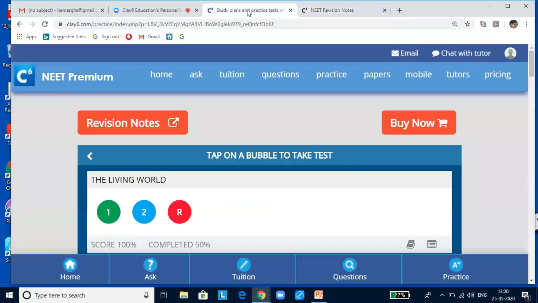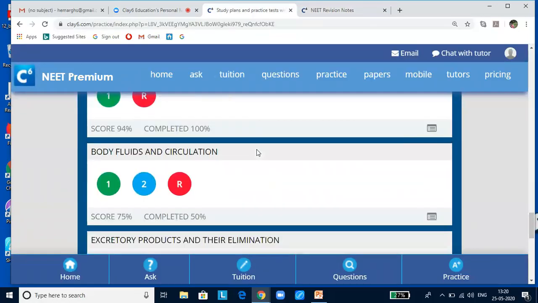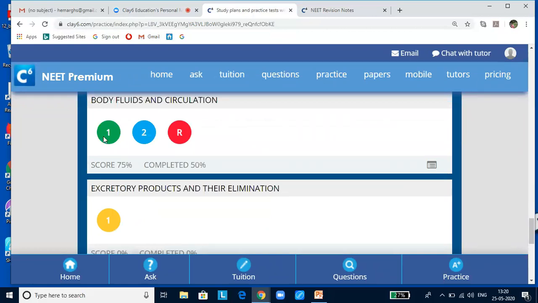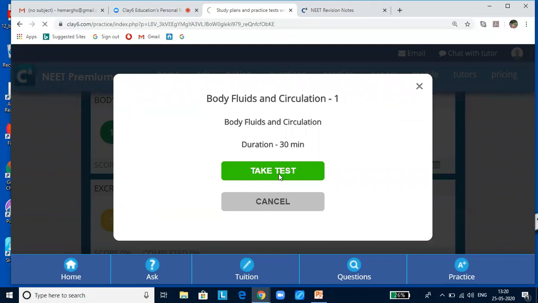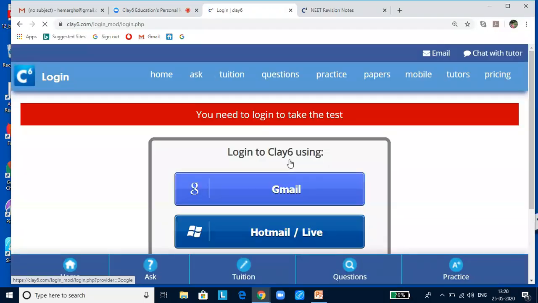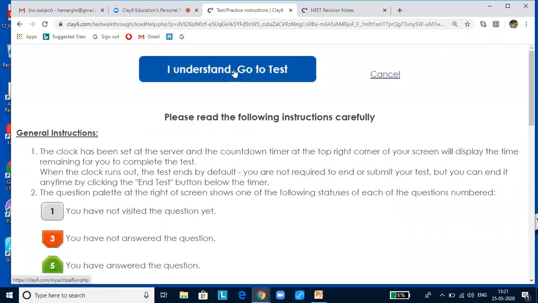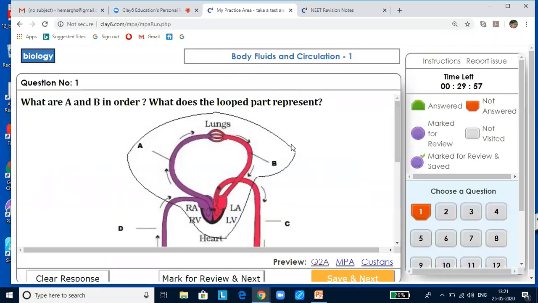Now let us look into the test. What are A and B in the order?